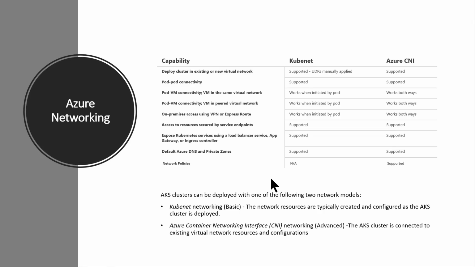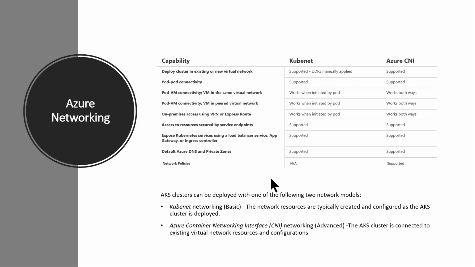Moving forward, Azure networking is also a very intense topic. Azure offers two different networking options, as you already know. One is basic networking or kubenet networking, and the second is advanced networking or CNI networking, right? I'm not going to read all this for you, but as an organization, you need to define which networking option you prefer.